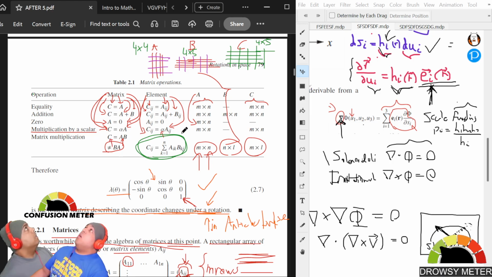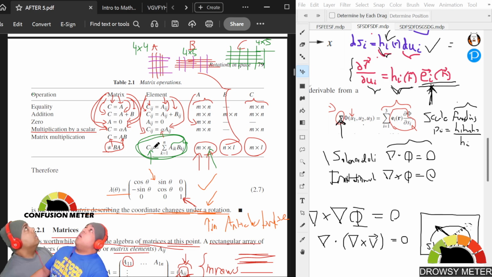In matrix multiplication, Cij equals... to get one element, you need to sum up the product of two elements, and the amount you're adding is n. What is n? k equals 1 to n. Oh, and n is over here. n is the number of columns.